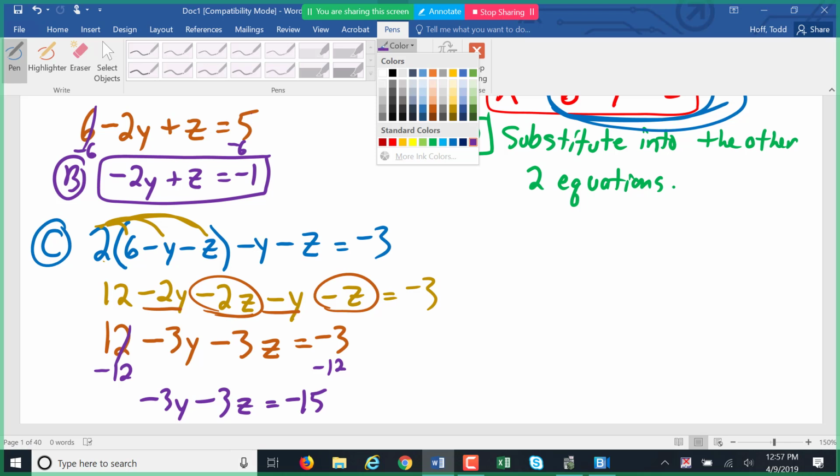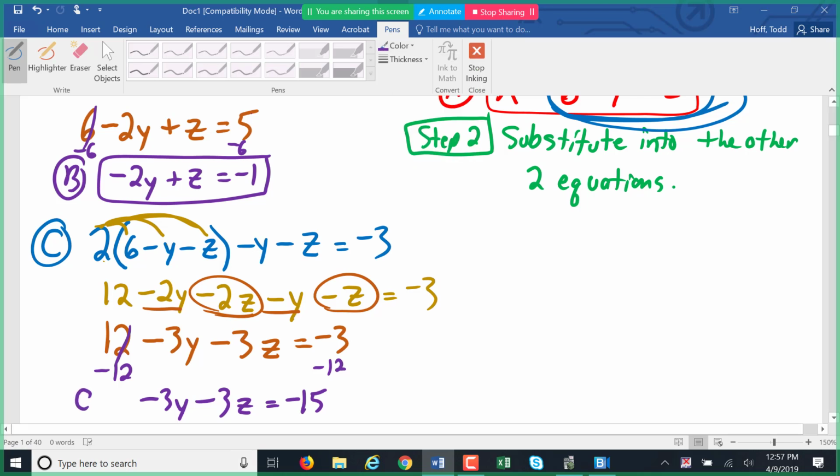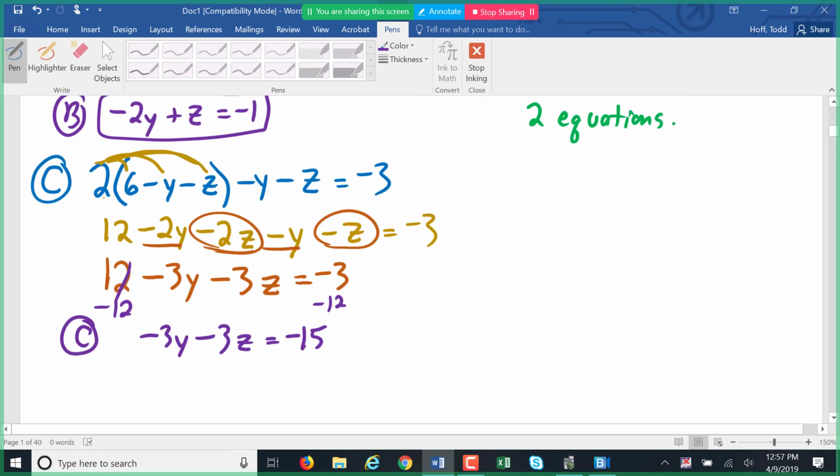Now when we did our 2 variable systems of equations, we saw that we could multiply or divide a whole equation by the same number, and it didn't change the values of the variables. Right now, what I have done is I have created a 2 variable system, 2 equations with 2 variables.